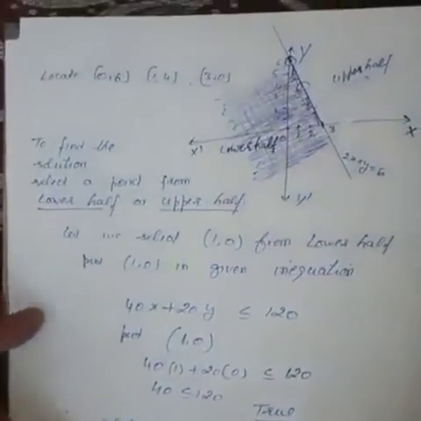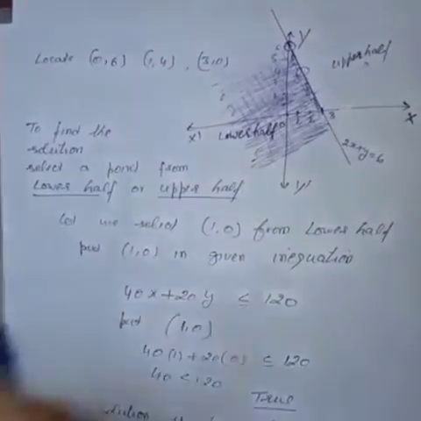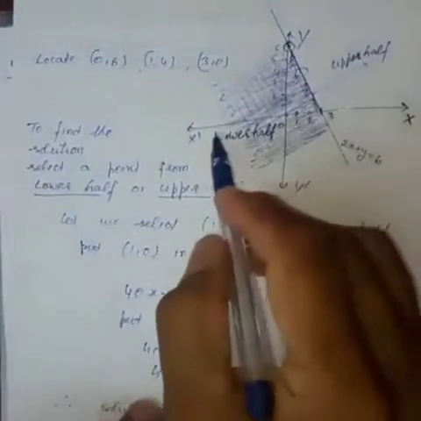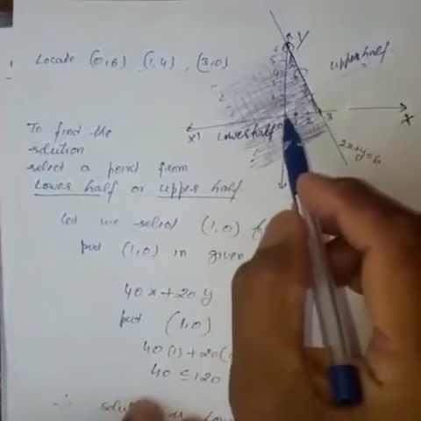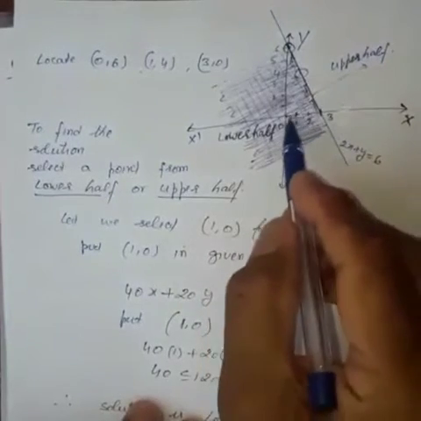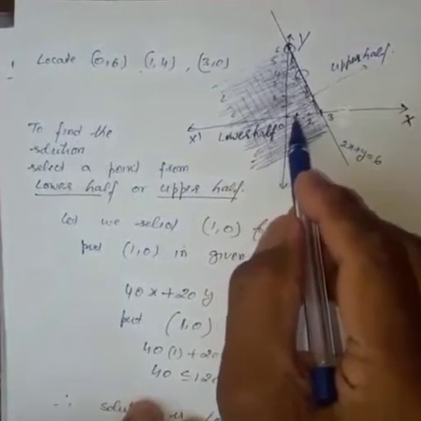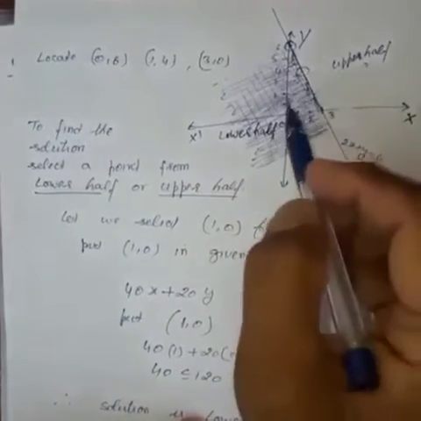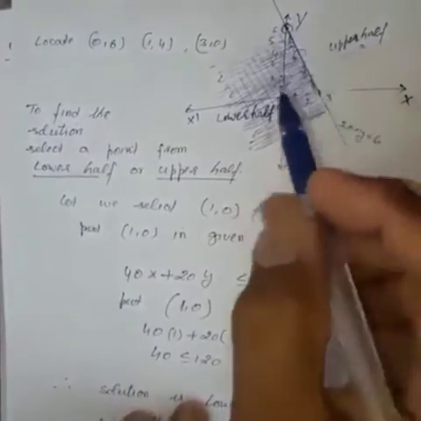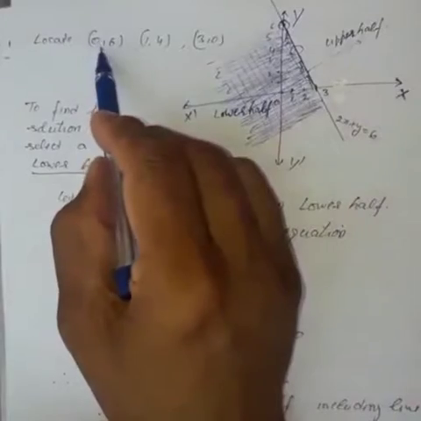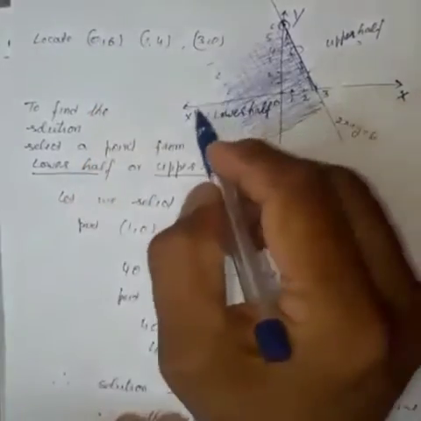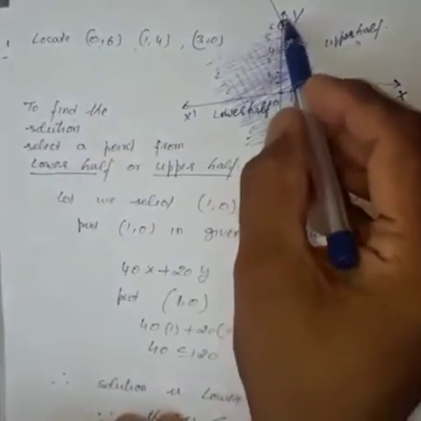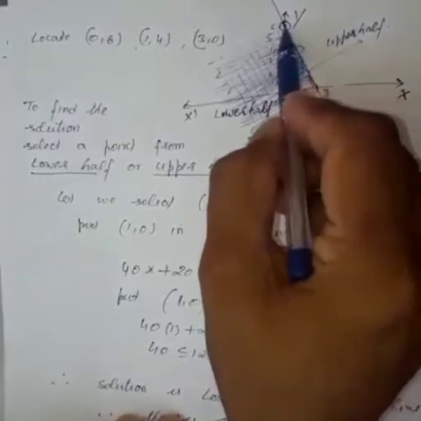Then you draw the xy plane and you select units, because we have to draw the graph. So let one big square be equal to 1 unit, so you mark 1, 2, 3, similarly 1, 2, 3, 4, 5, 6. Now you locate the first point (0, 6), it will be x is 0 and y is 6, the point will be on the y-axis.